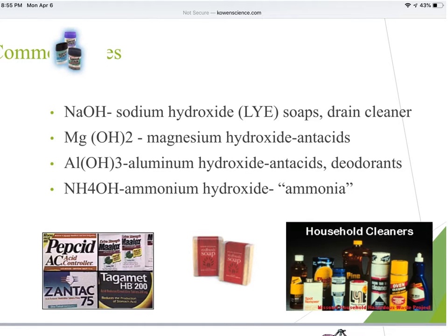An individual that has acid reflux takes an antacid, which is a base, and that helps neutralize the too much acid in the stomach. It keeps you from having that acid reflux, that burning of the esophagus from the acid. Aluminum hydroxide is used in deodorants, and ammonium hydroxide is used as a cleaning agent in ammonia.